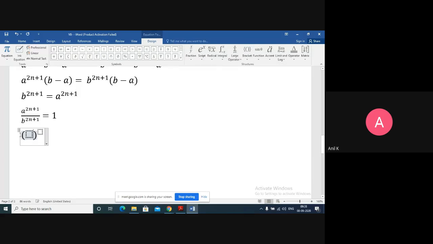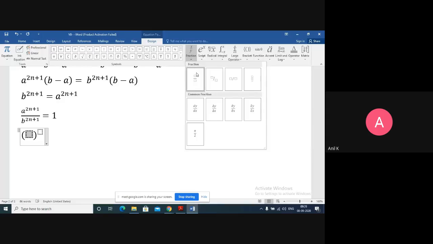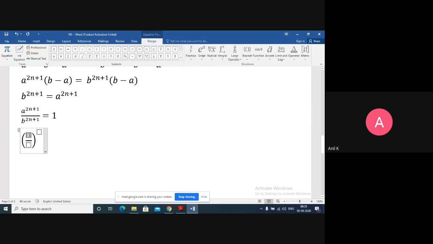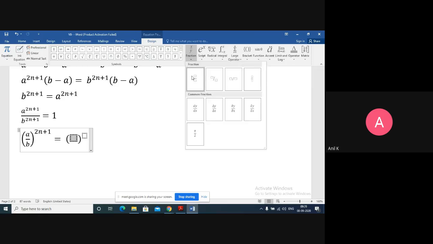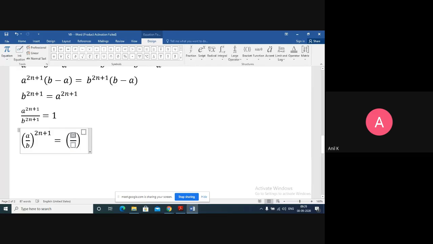Let me use the brackets. So the same term you can write here as a upon b to the power 2n plus 1, which equals 1. This 1 you can write as, anyone remember how we can write 1? We can write 1 as a upon b to the power 0.